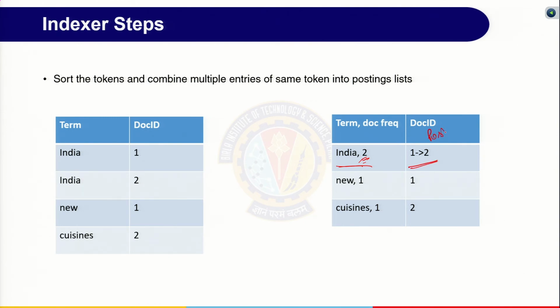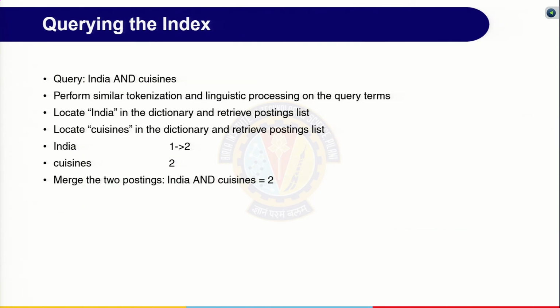This is a posting list. It says I can see the word India in document 1 as well as in document 2. And whenever I have a query like India and cuisines, I'll get those posting lists and I'll merge those two posting lists, saying that in document 2 I can see both India and cuisines being talked about.